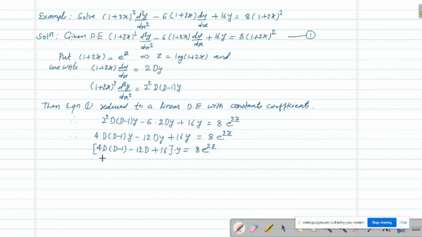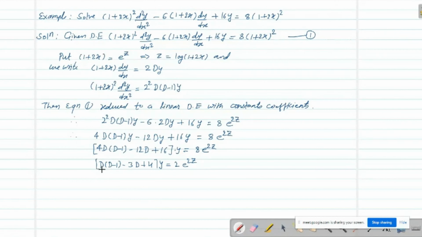Okay, we don't take common, we divide by 4 on both sides, so you will get d minus 1 minus 3d and plus 4 (4 times 4 is 16), and on the right you will get 2 times e raised to 2z. Okay, no need to take 4 common.